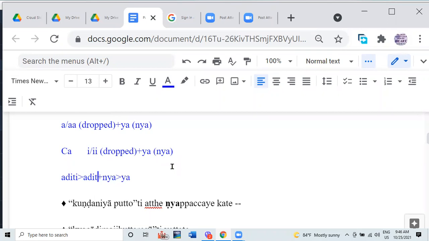At the time we have a D there, already a D there. At the time, the T changes to ja.